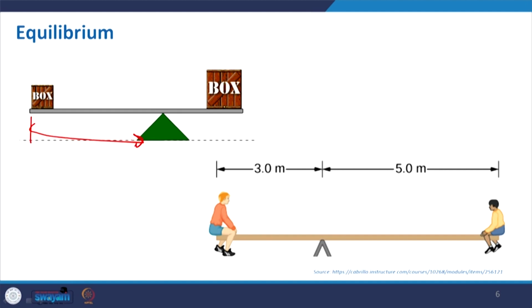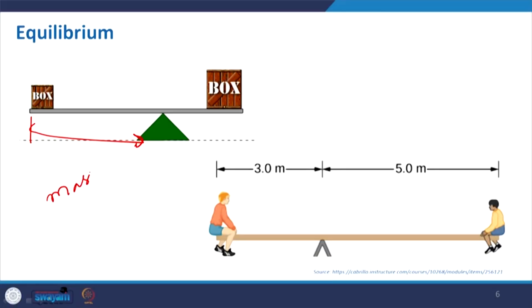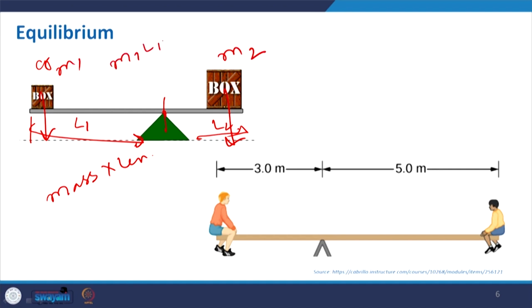When we talk about equilibrium due to moment, we have to remember that moment is created by the mass into the length from this particular point, the pivot point. So, L1, and this is maybe L2 from the CG or center of gravity. This is M1 and this is M2. In order to make it stable, it always should be M1 L1 equal to M2 L2.